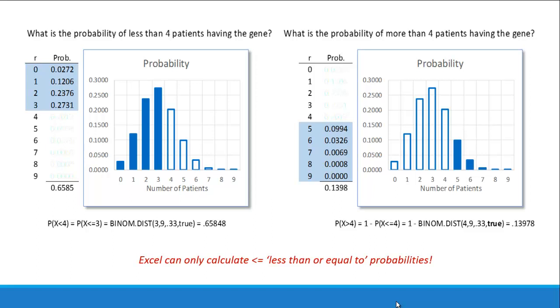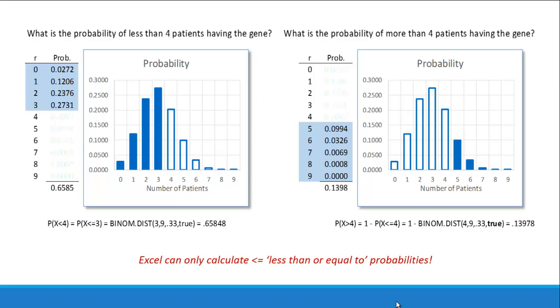The question is, what's the probability of less than 4? So circle the outcomes, identify those outcomes out of the 10 possible that are less than 4. It's x equals 0, 1, 2, or 3. So with the knowledge that Excel only calculates less than or equal to probabilities, the probability of x being less than 4 is equal to the probability of x being less than or equal to 3.